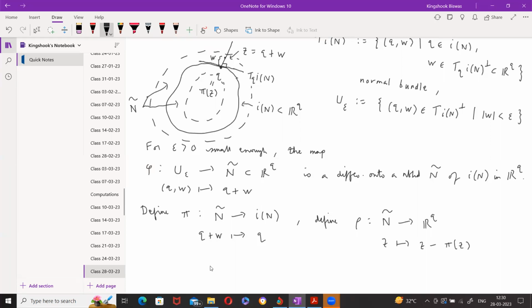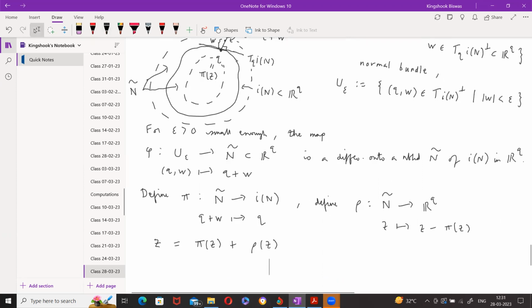So any Z I can write as pi Z plus rho Z, where pi Z is equal to some Q in I(N), right? And this rho Z belongs to the orthogonal complement of the tangent space, right?